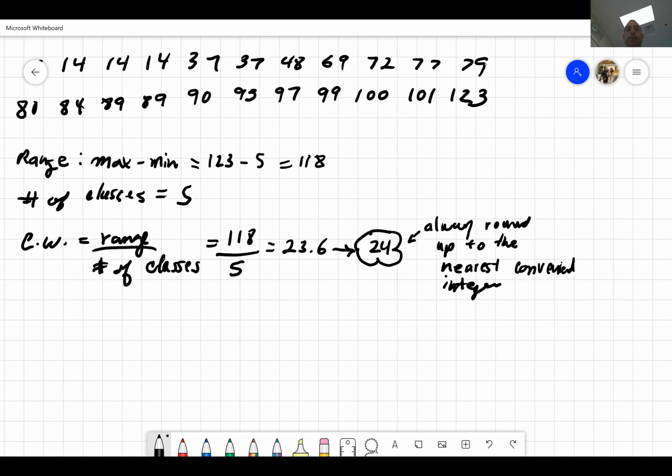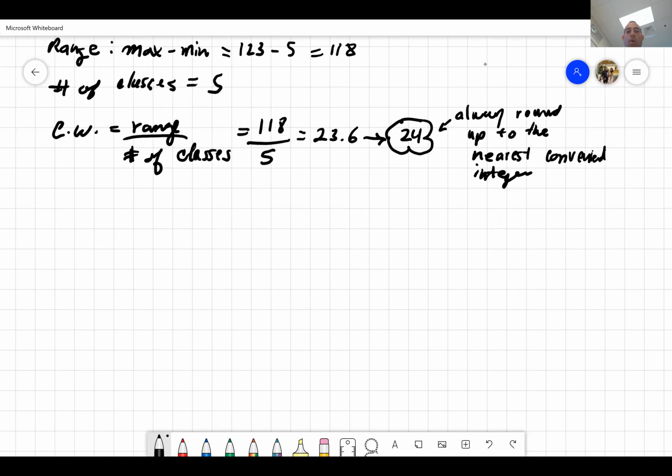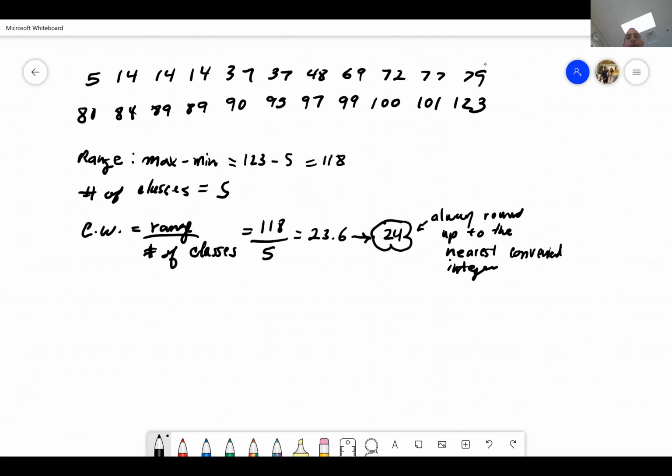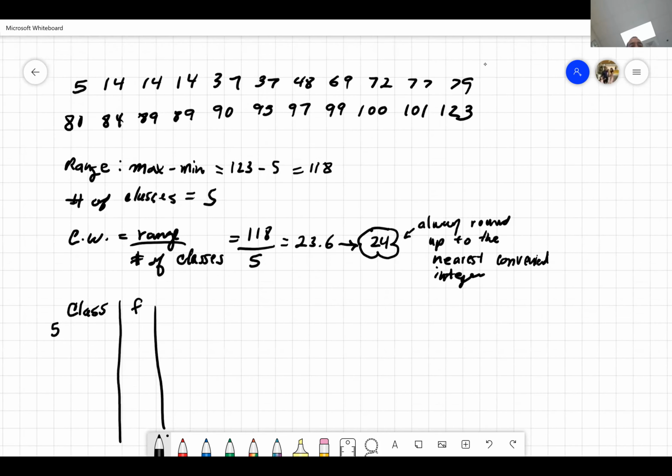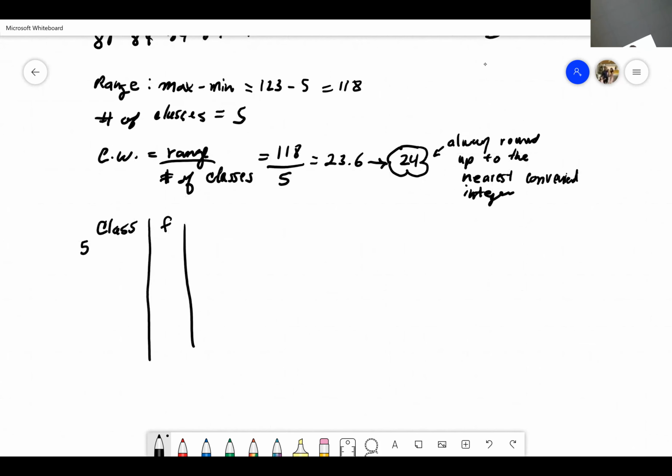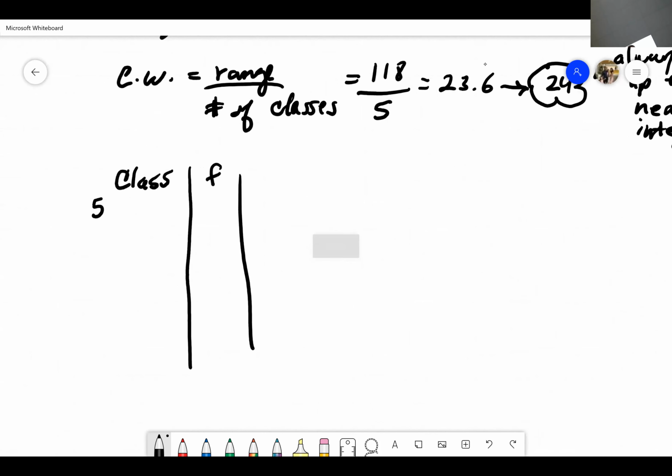Okay. So now we can begin to create our frequency distribution. Our class here, and then we're going to do our frequency. What's the smallest number? 5. Okay. And now, how do we add our class width? Downward. What's 24 plus 5? 29.